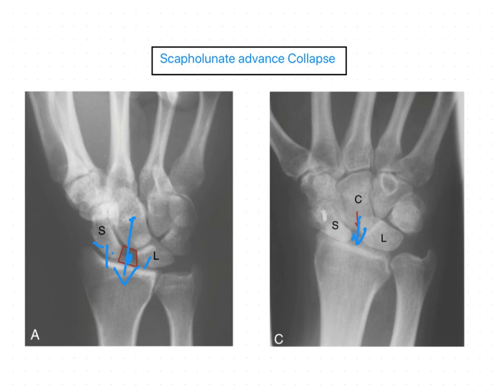In this case, the surgeon goes for a procedure called scaphocapitate arthrodesis, which means fusion of the scaphoid and capitate is done. Because of this fusion, the capitate will not subluxate proximally into this space. This was recommended to improve stability.